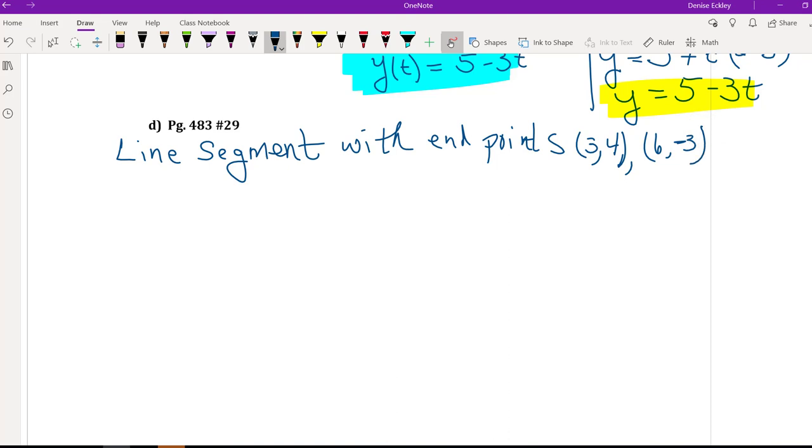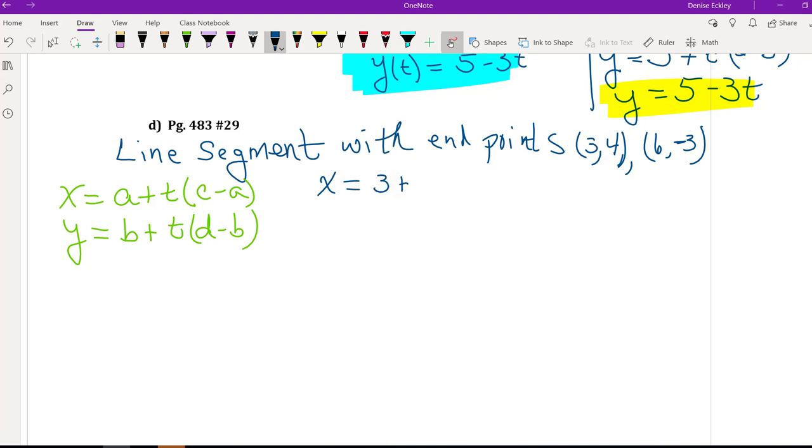So using our little formulas from above, we have x equals a plus t times c minus a, and y equals b plus t times d minus b. So we get that x is going to equal 3 plus t times 6 minus 3.